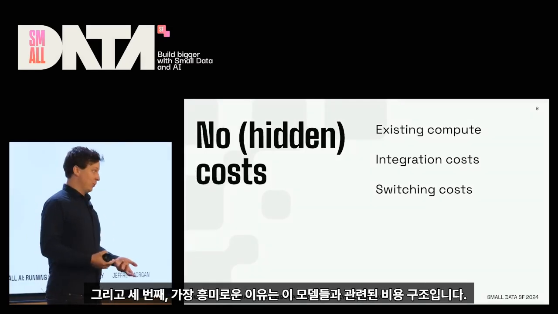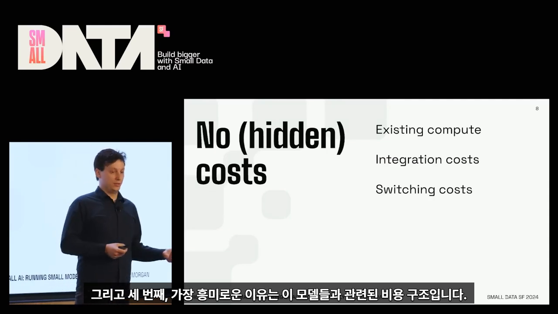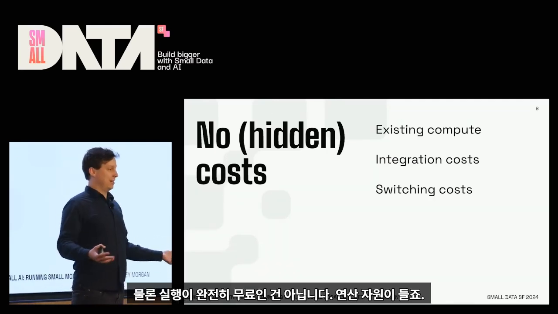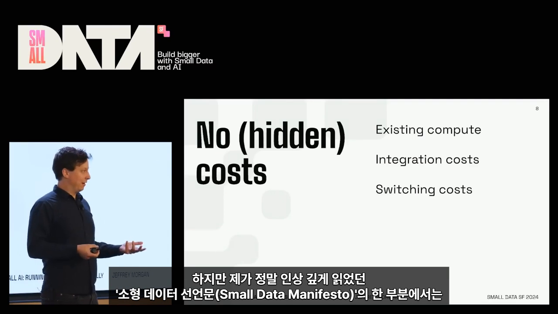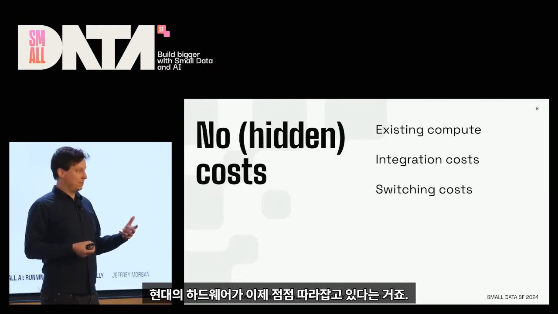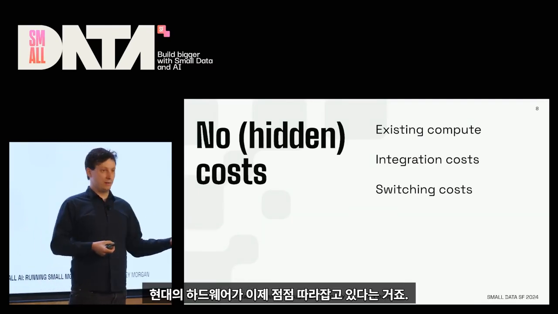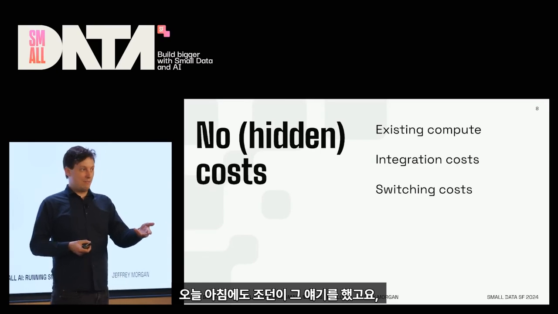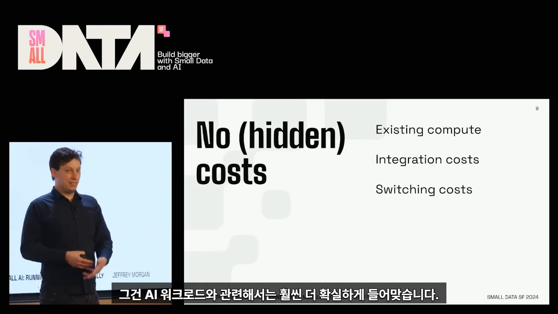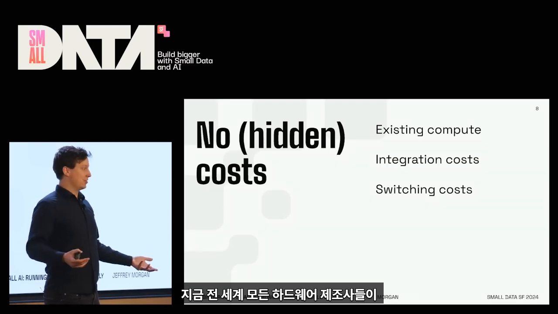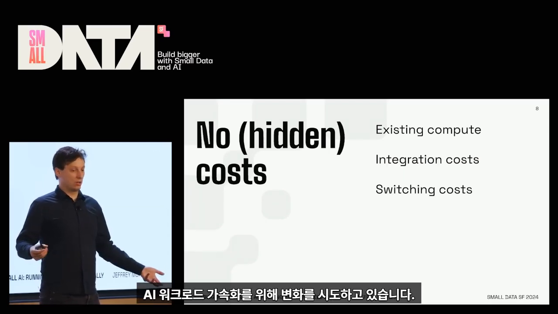And the third and most interesting one is just the cost structure around these models. They're not free to run, they still take compute. You still have to buy your computer. But one section of the Small Data Manifesto that I really loved was the part that talked about modern hardware catching up, and Jordan spoke about it this morning. That's even more true with these AI workloads. Basically, every hardware manufacturer on Earth is changing right now to accelerate AI workloads.